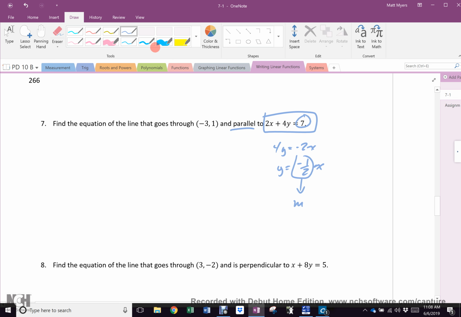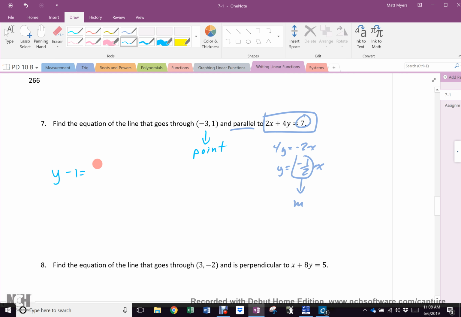Negative 1/2. Now I have an m. What do I have here? What's that? Coordinates, x, y, or a point. So what do I use? I use point slope. Y what?